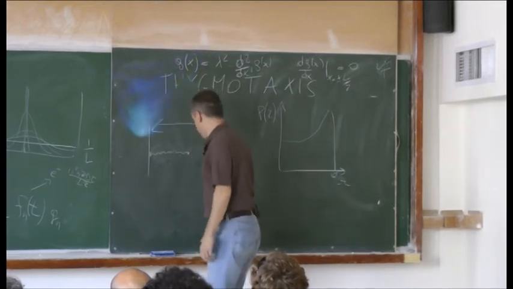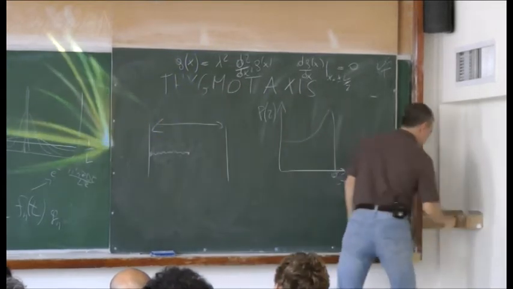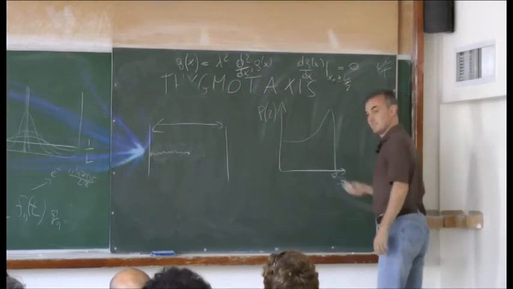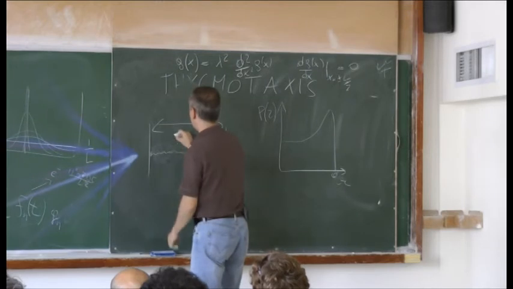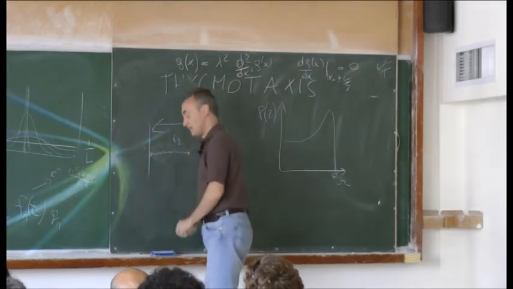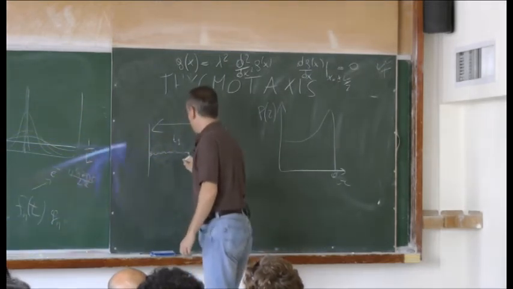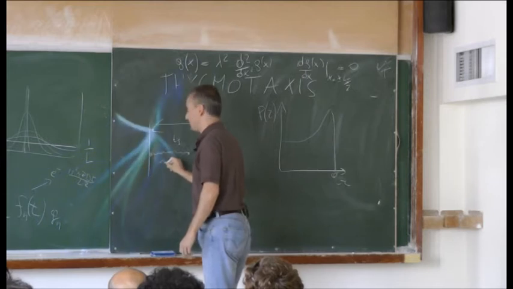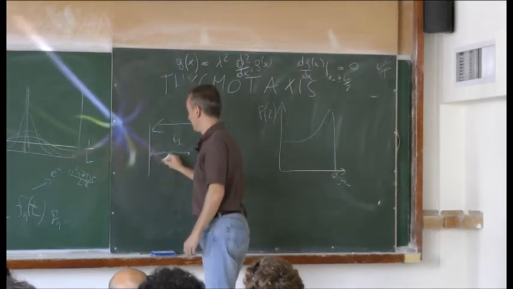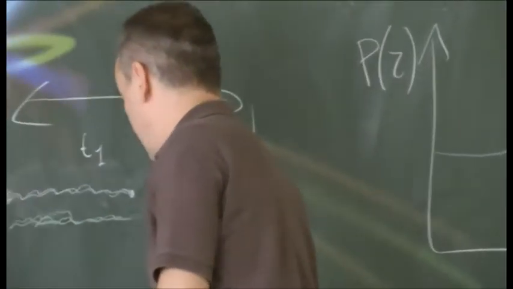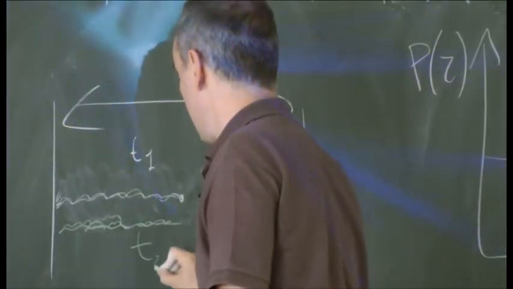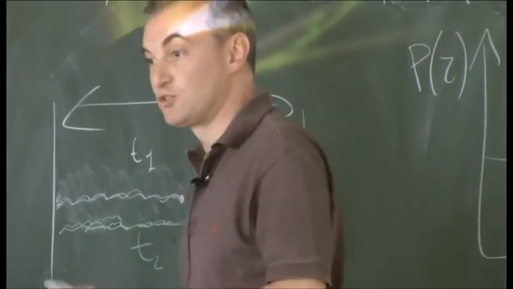Now you take another one, in another color, and it took a time, T1, to come back. Now I use another color for this one, there is a little jump, and then it comes back here, and it took a time T2. So each one will have a different time for which they come back to the origin.